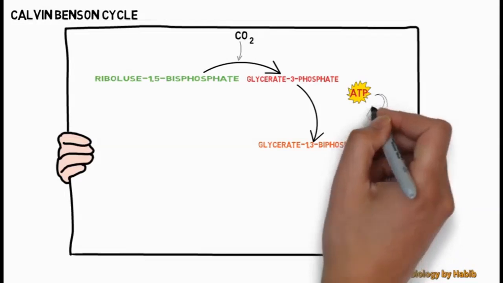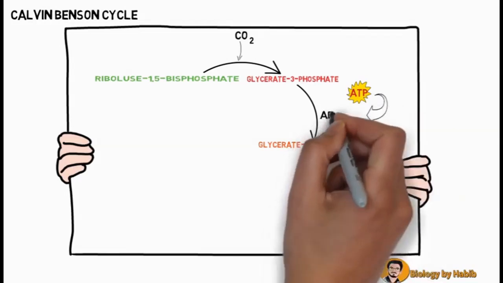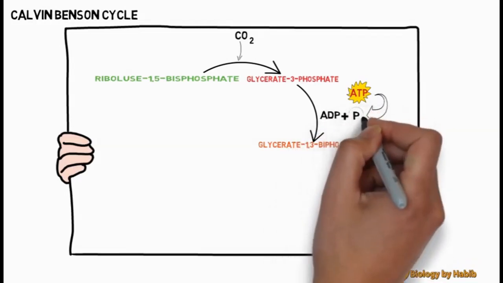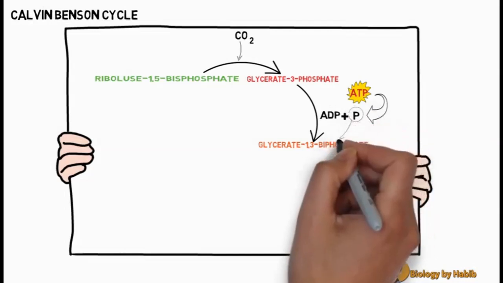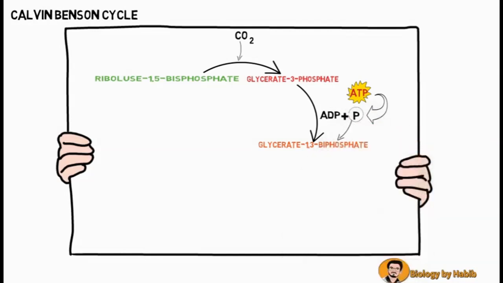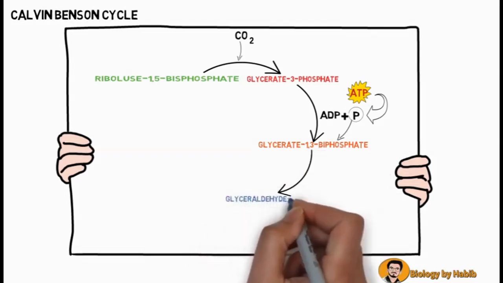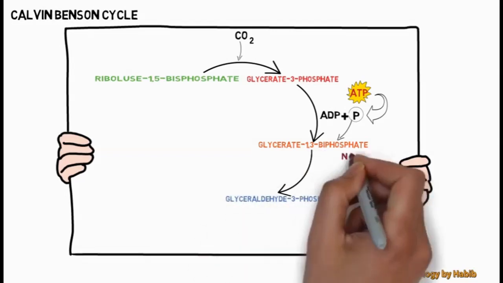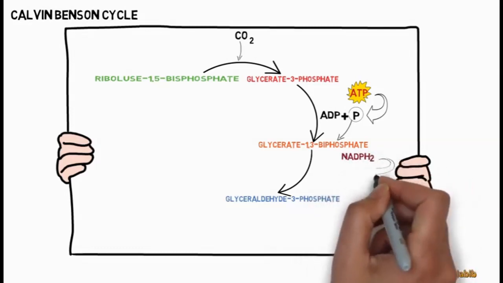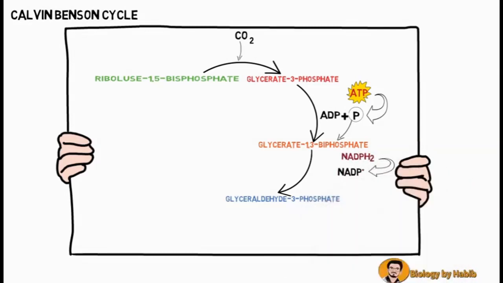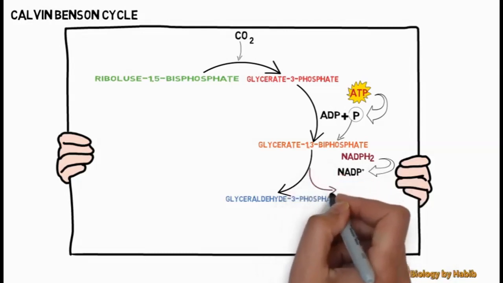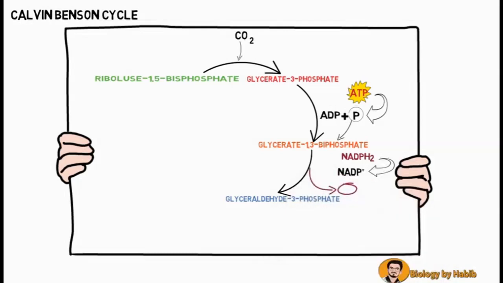ATP breaks into ADP and phosphate, and this phosphate is added to the glycerate molecule at carbon number 1. So it converts into glycerate 1,3-bisphosphate, and after that this glycerate molecule is reduced to glyceraldehyde 3-phosphate by the consumption of NADPH2, which provides electron and proton to reduce glycerate into glyceraldehyde, and the phosphate molecule is released into the cytoplasm.